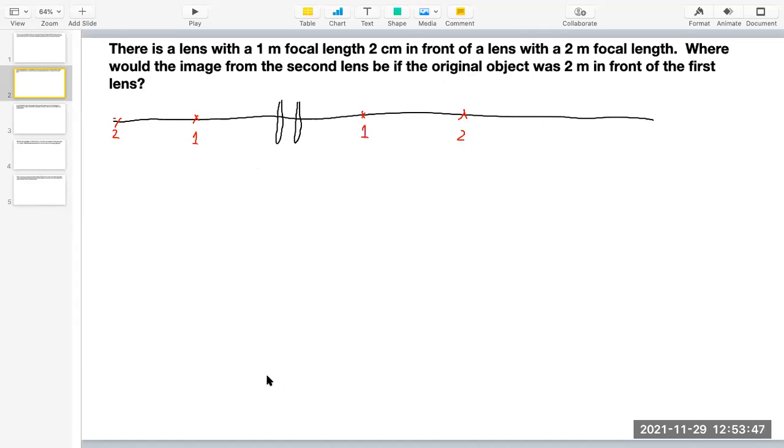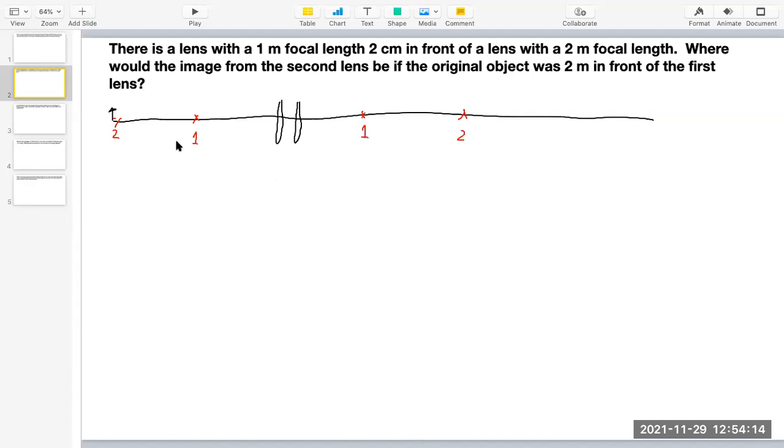And our object starts out 2 meters ahead of the first lens, which is going to be just outside of the focal point. For our second lens.